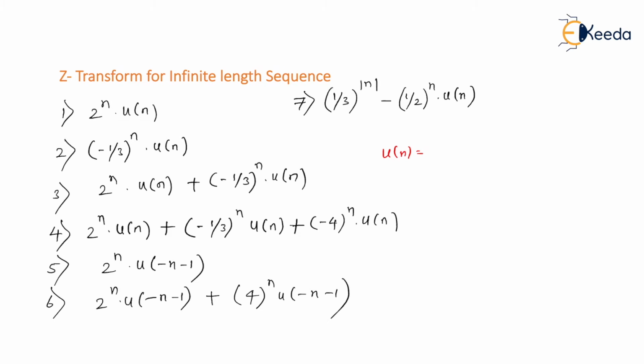So we know the graphical representation of it. But suppose I want to write it in terms of sequence, we write it this way. That is, it is 1, 1, 1, 1, and this is never ending. And we show an arrow mark here. It indicates u of n at n equal to 0 is 1, and from n equal to 0 onwards, it is always 1. But for negative n, it is always 0.